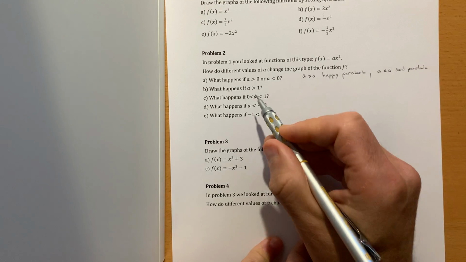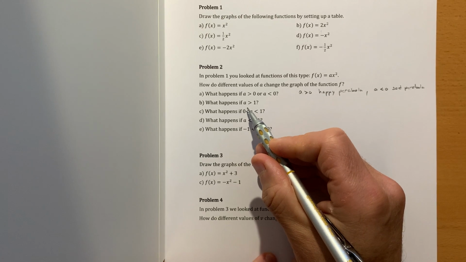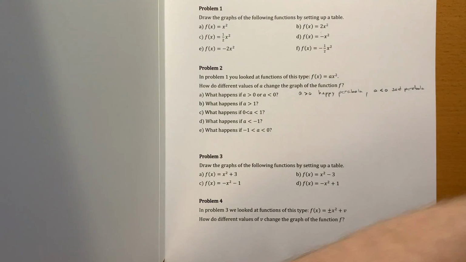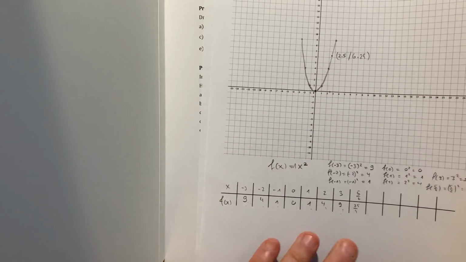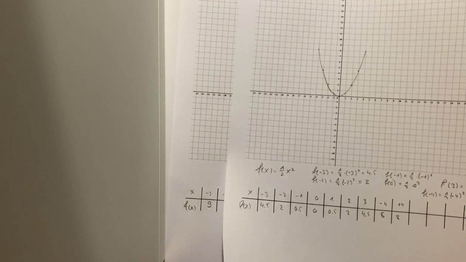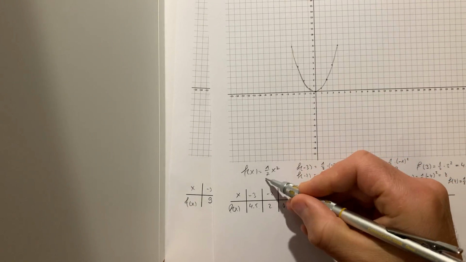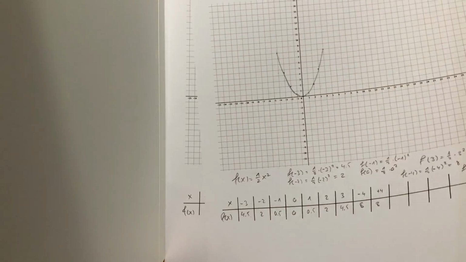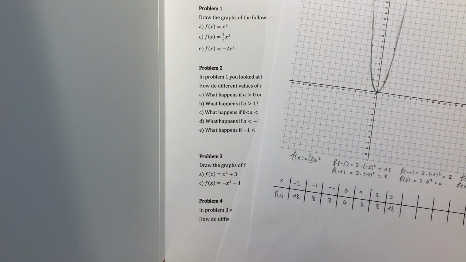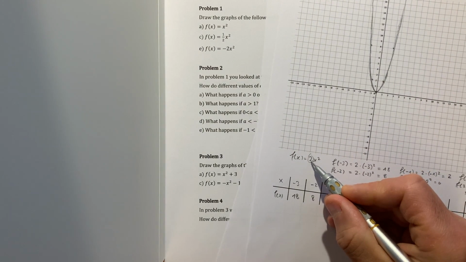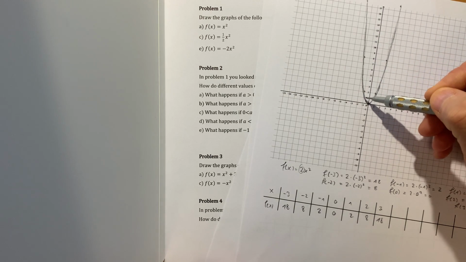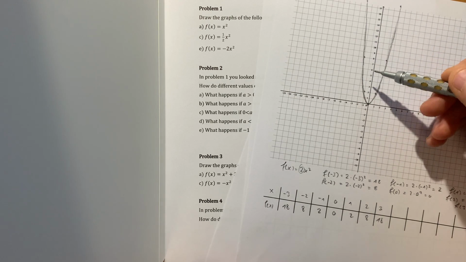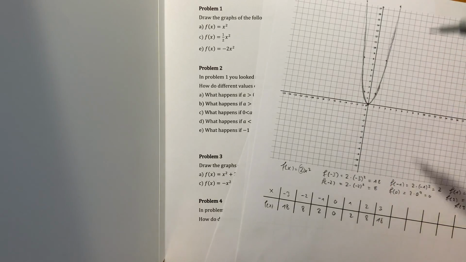Okay, so what happens if a is greater than 1? Well, look, we had the one with coefficient 1. We had one where the coefficient is a half, and we had one where the coefficient is greater than 1, namely 2. So when it's greater than 1, it seems to stretch vertically. Okay, it's a vertical stretch.